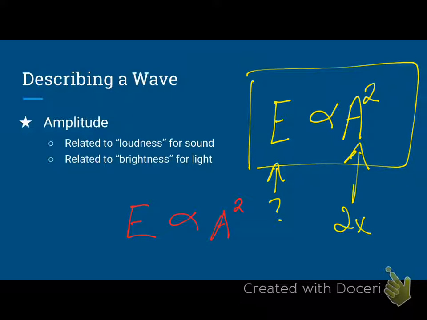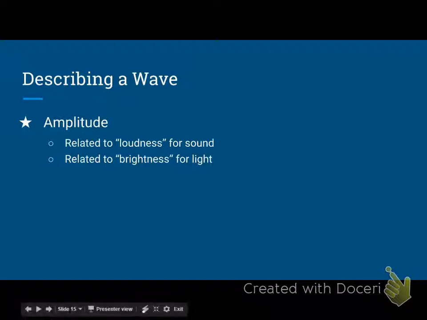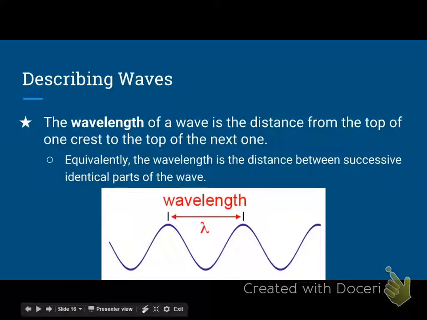Ben says 4. Ben is right. More people should listen to Ben. Right? Because it's squared. So if we double the amplitude, it's 2 squared, which means it goes up by a factor of 4. If we increase the amplitude by a factor of 3, the energy goes up by a factor of 9, and so on and so forth. Good answer, Ben via Michael. You're welcome.